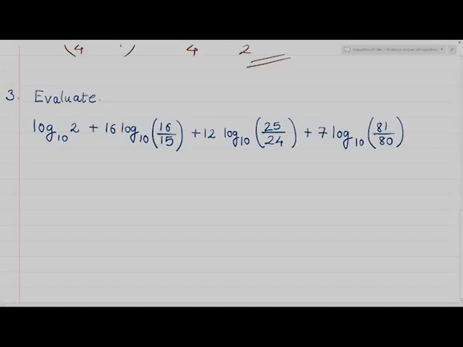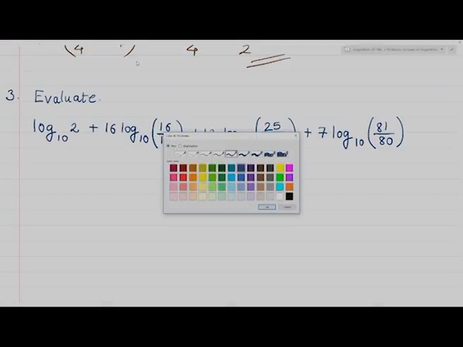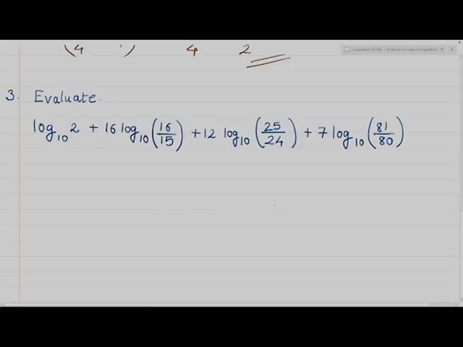How will we solve this problem? Again, evaluate means I will find one number. How will you solve this problem? First we have to review what are the rules that I can use for solving this problem. So what are the rules I can use? Do I have any numbers in front of log? Yes, I have many numbers in front of log.